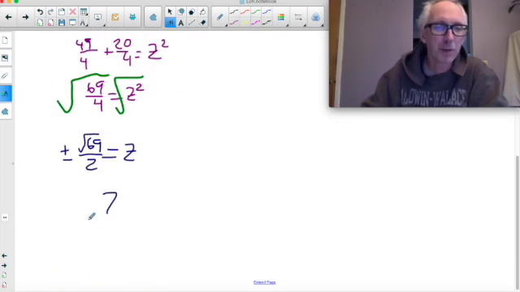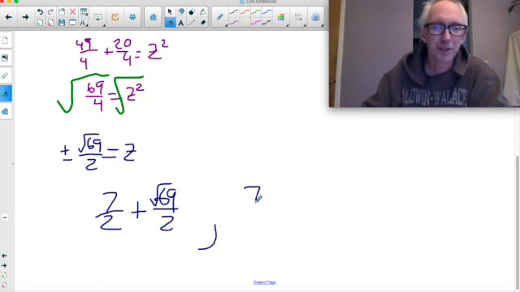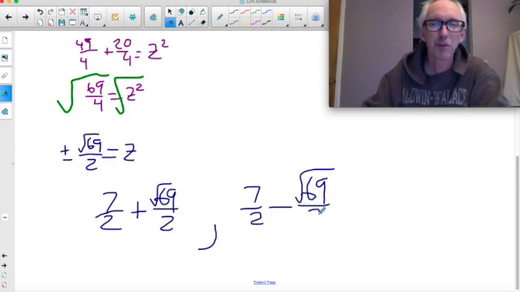So therefore, our roots will be 7 over 2 plus square root of 69 over 2 and 7 over 2 minus square root of 69 over 2.